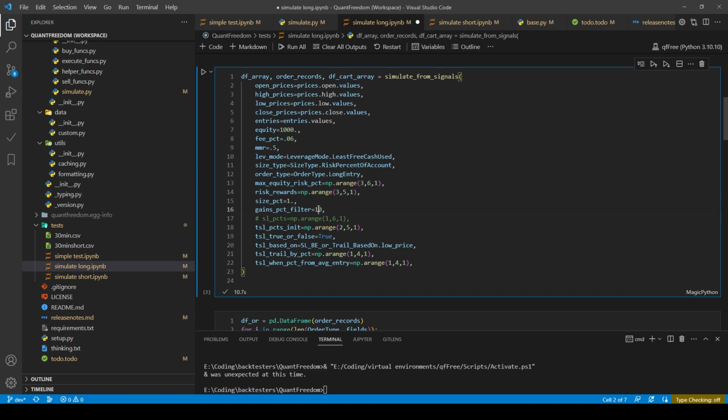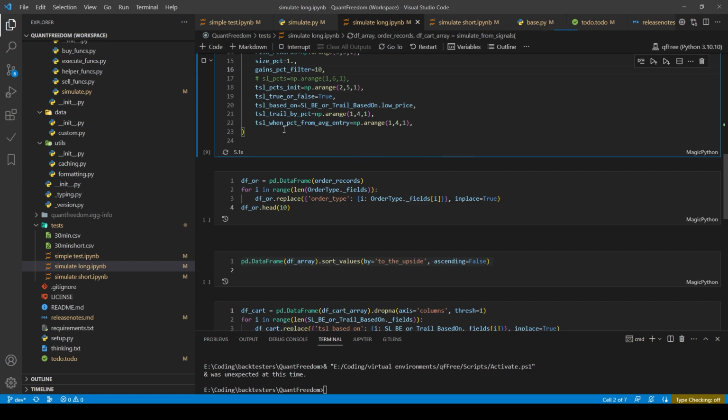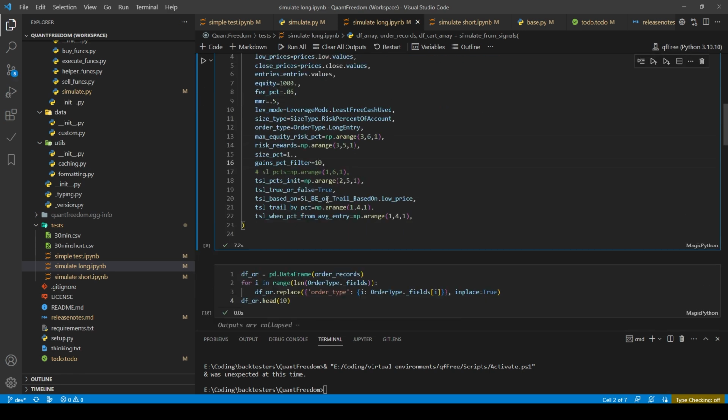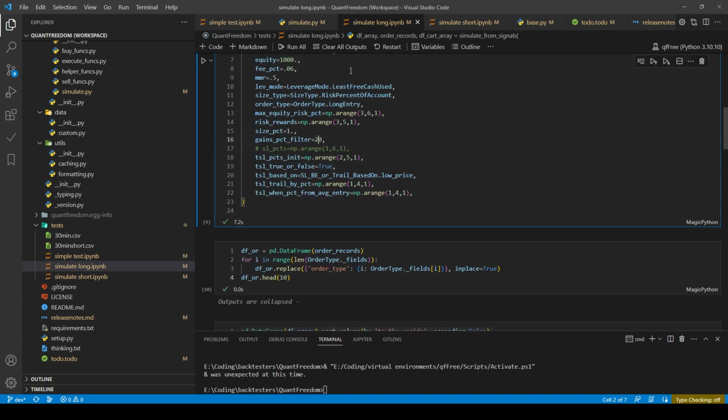Let's see what happens here, cuz got them trailing stop losses here. God damn. Let's do at least 20.